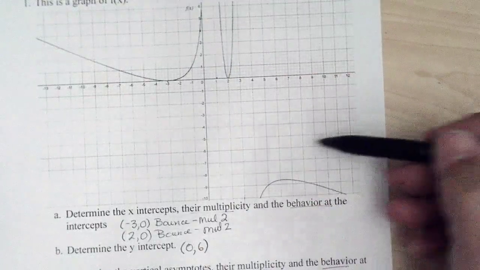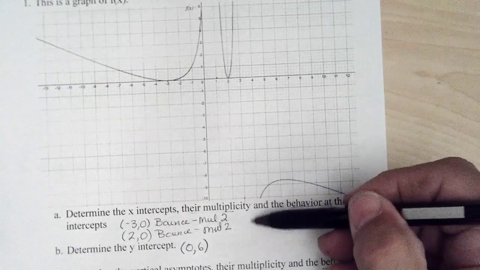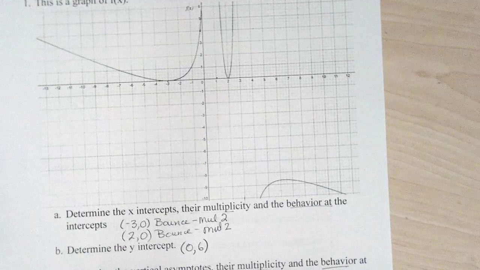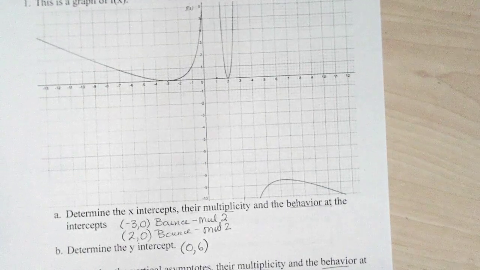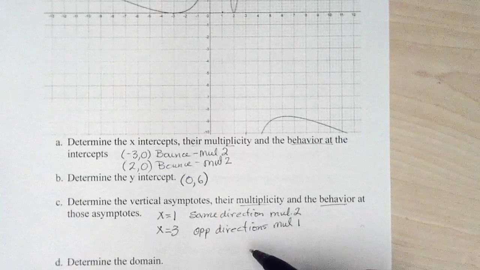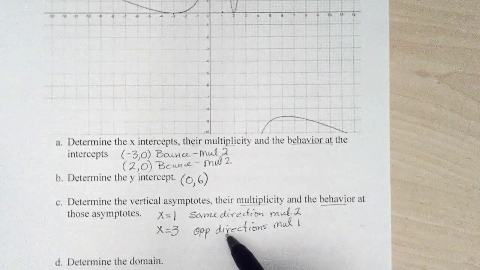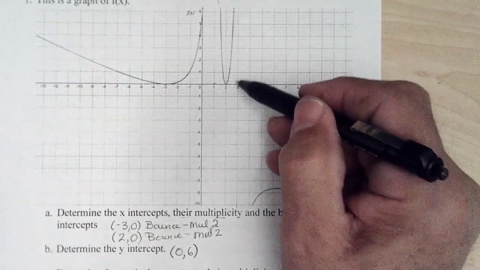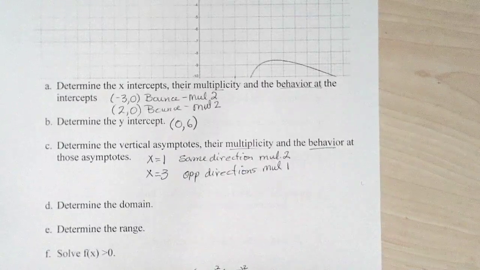As we approach 3 from the positive side, this one goes down, so they go in opposite directions. So that means the multiplicity is odd, probably 1 in this case. So if it is truly at 3, x minus 3 is the factor, probably to the power of 1.